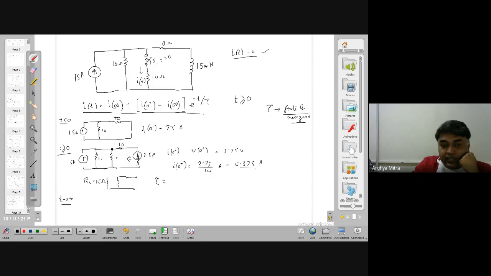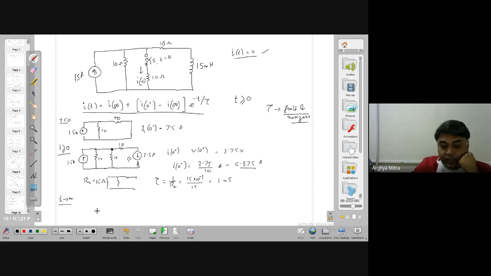This inductance is seeing the resistance of the rest of the circuit, that is RTH. So tau will be L by RTH, that means 15 times 10 to the power minus 3 divided by 15, so 1 millisecond. It is finite, so I can use this formula.